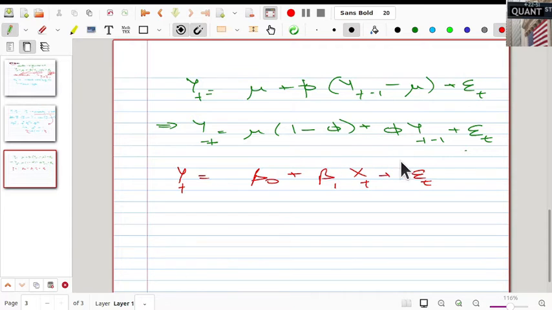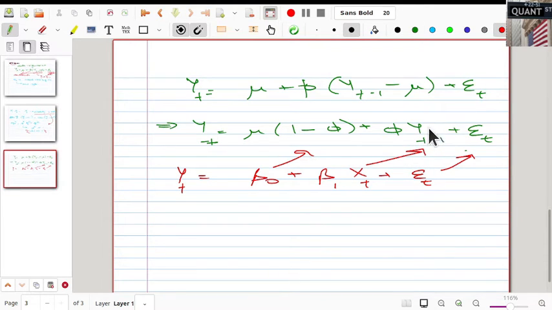And so we can correspond each of these terms. Beta 0 is a constant, and mu times (1 minus phi) is also a constant. xt is equivalent to yt minus 1, beta 1 and phi are equivalent, and the epsilon t's are as well. So the term autoregression refers to the regression of the process on its own past values.